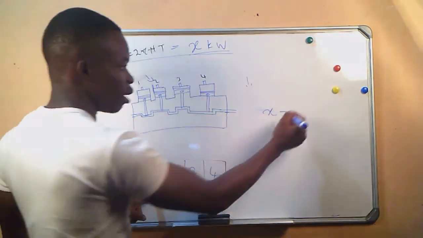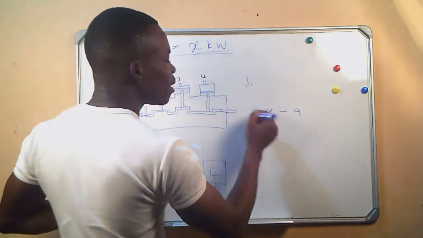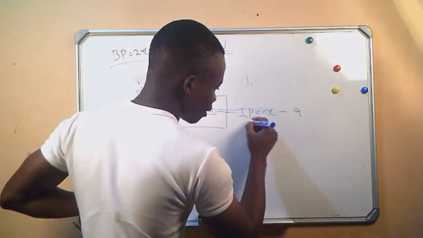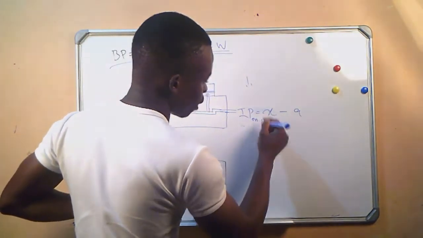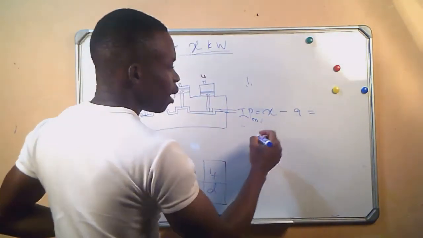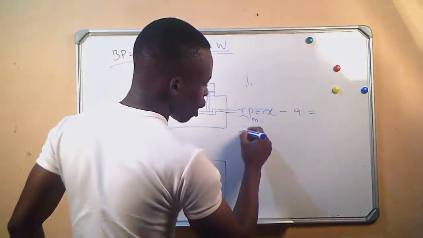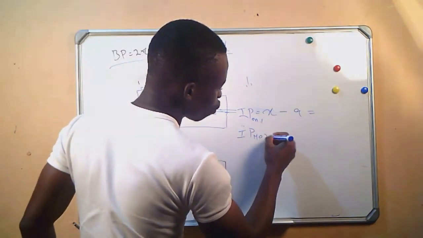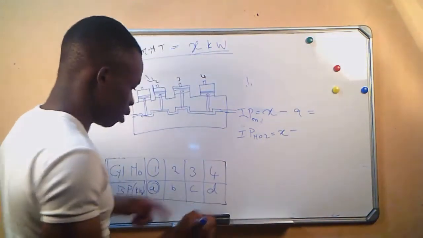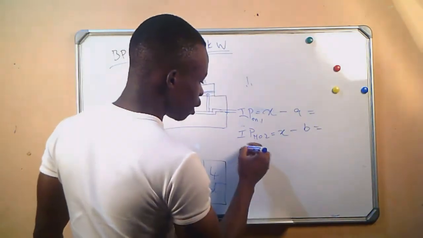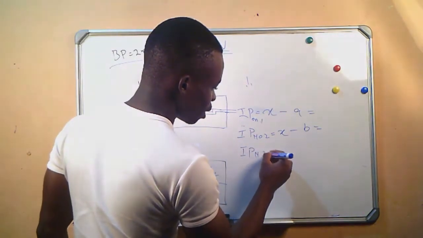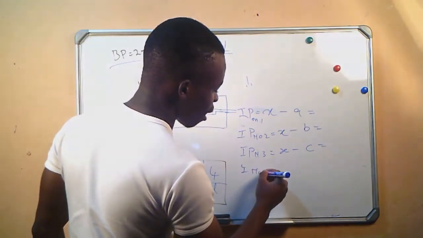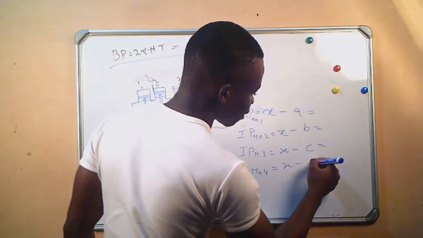So minus it here is A. And this will be the indicated power on cylinder number 1. And we come to cylinder number 2. We say the IP on cylinder number 2, which will be X minus B. IP on number 3, X minus C. IP on number 4 is equal to X minus D.